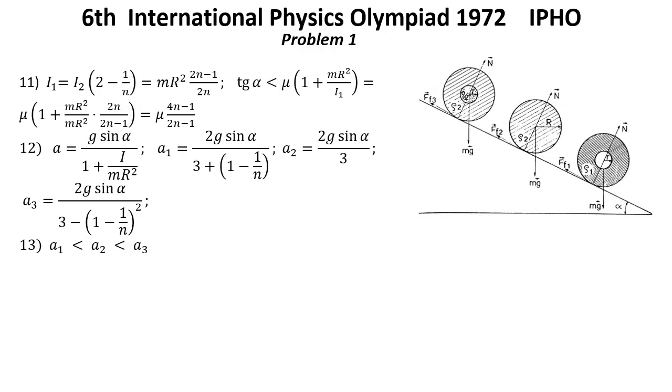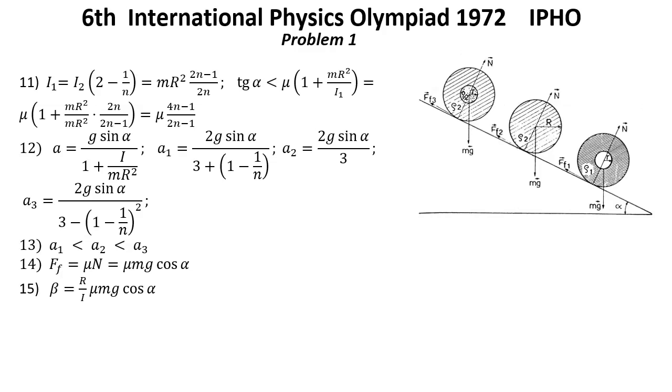In the case when all the three cylinders slide, we have force of friction F equal mu N, which equals mu mg cosine alpha. And from equation number 7 we have angular acceleration equal R over I multiplied by mu mg cosine alpha.